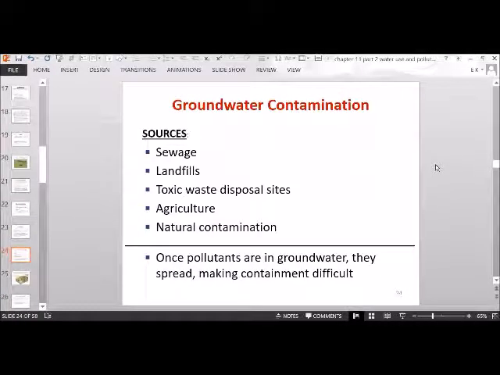So some sources of groundwater contamination include sewage, landfills, toxic waste disposal sites, agricultural, and natural contamination. And again, once pollution is in groundwater, it spreads and becomes difficult to contain.